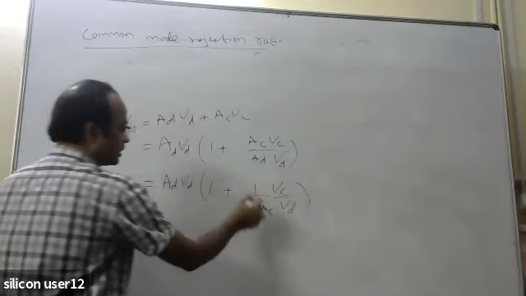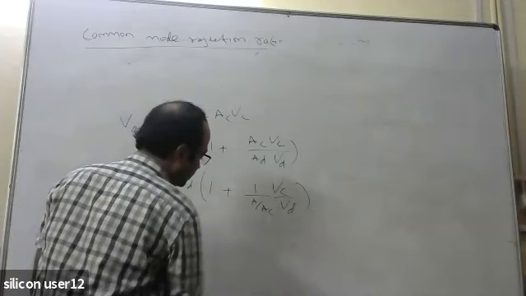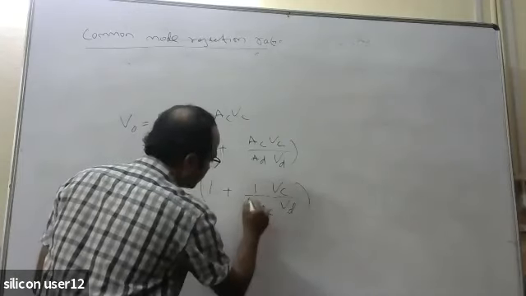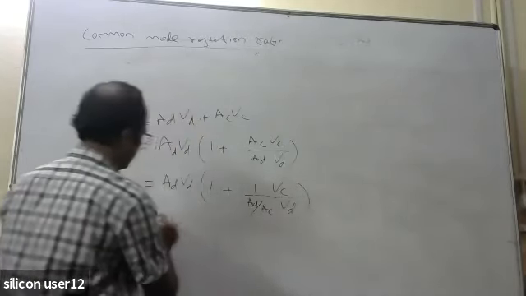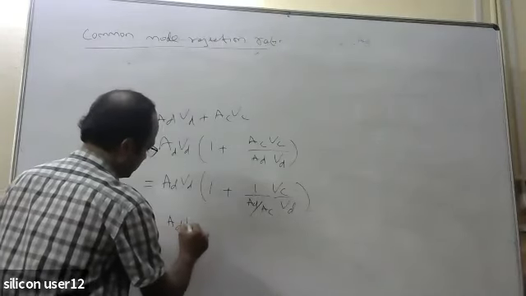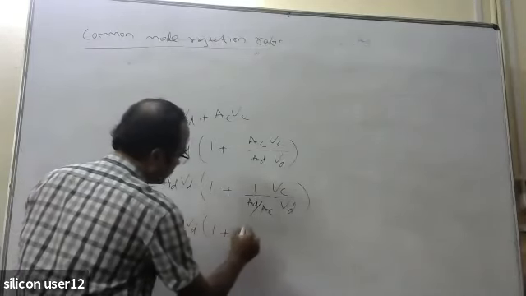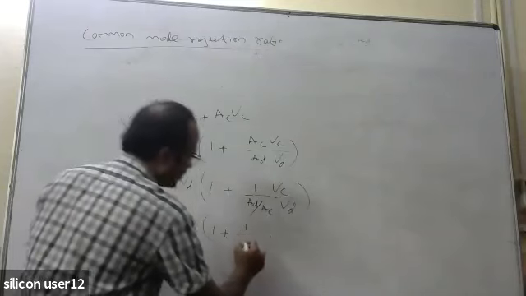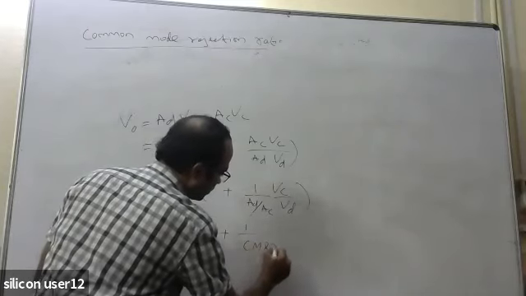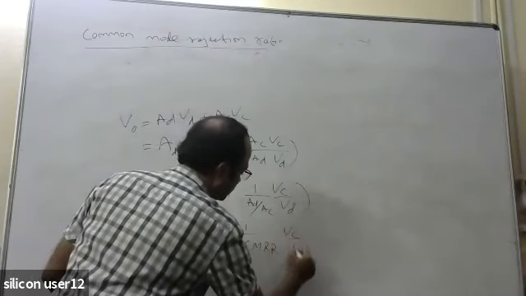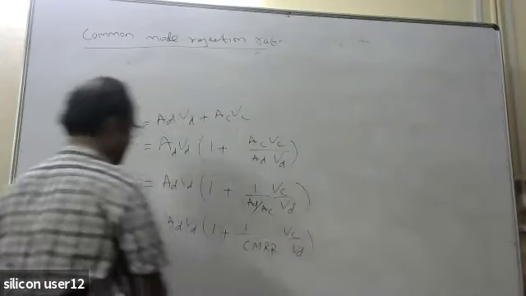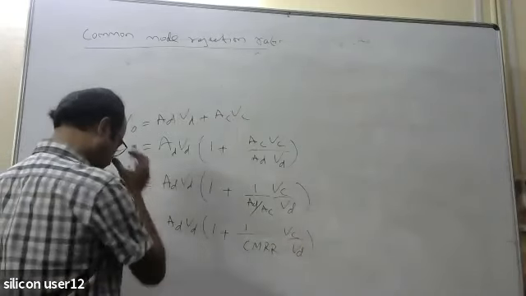And AD by AC is your CMRR, so it is CMRR into VD by VC.